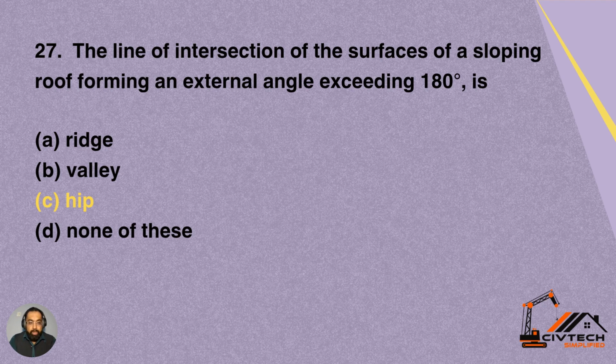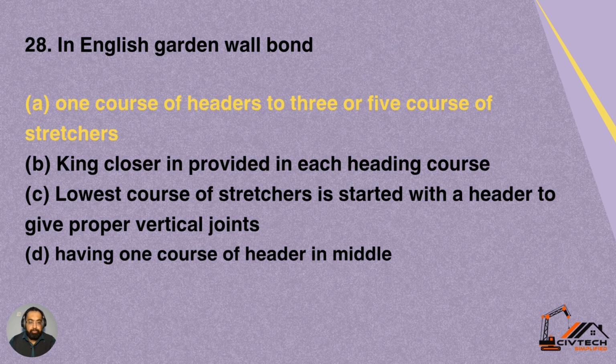So the joint or the line which is made at the intersection of the sloping roof and which creates the angle more than 180 degree is called hip. So option C is correct for this question.